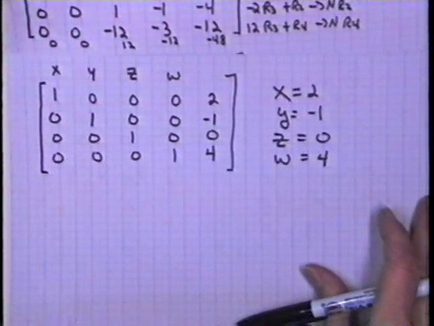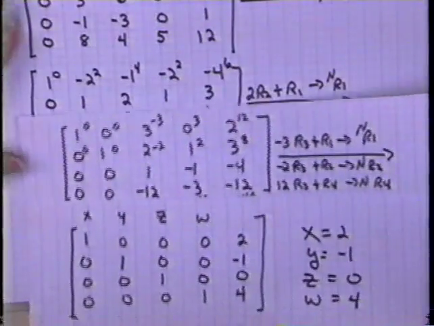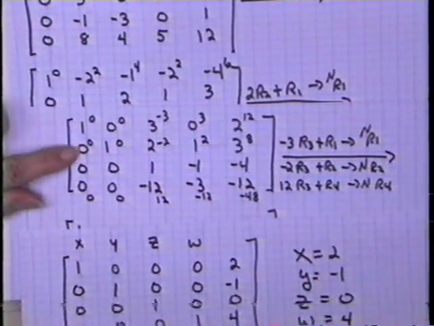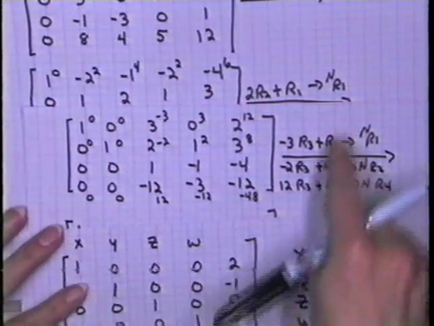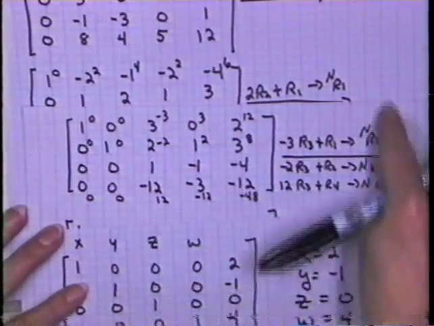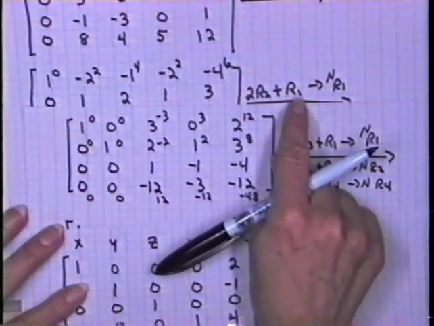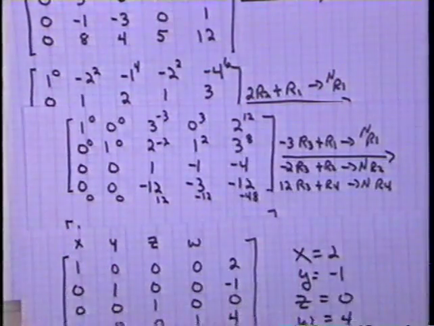Because once you set up that initial matrix, then you can just tell the computer, okay, I want to get a 1 up here, tell it how to get it, get zeros underneath. And basically we're getting the zeros by using this type of an operation where we're taking a multiple of one row and adding to another row. And so the computer can do all that nice work for us.